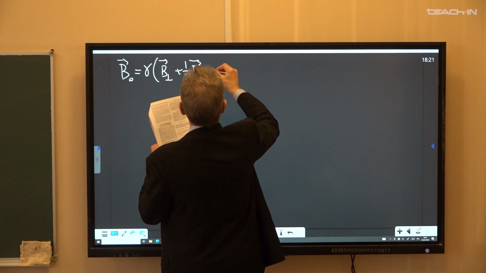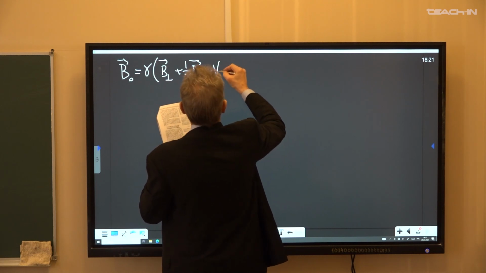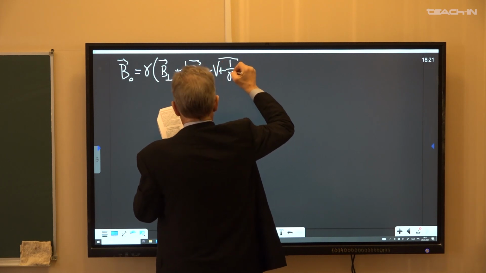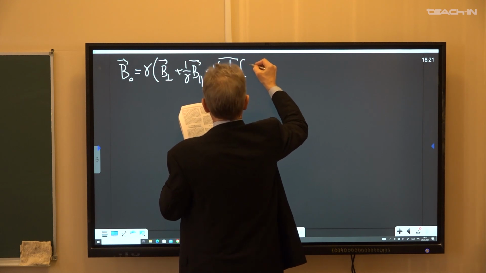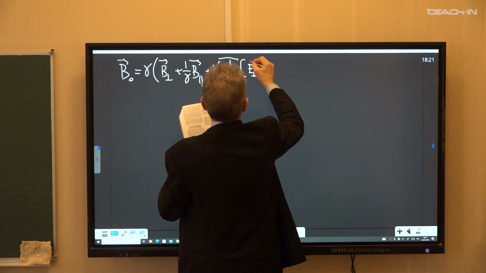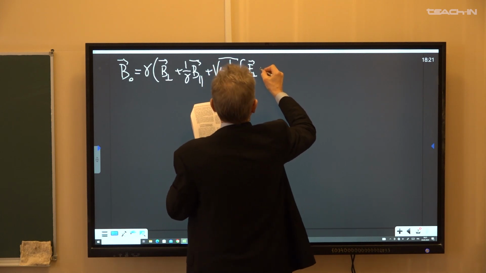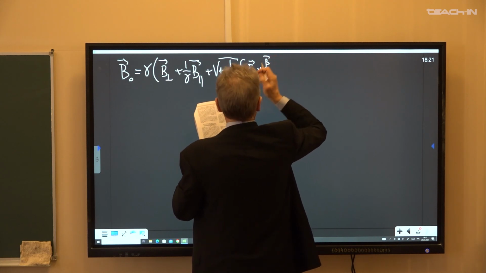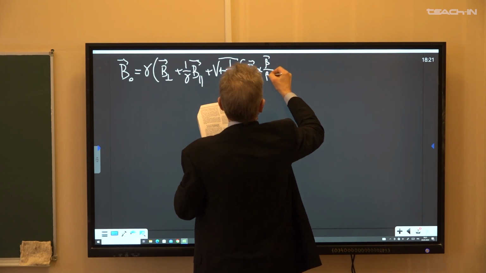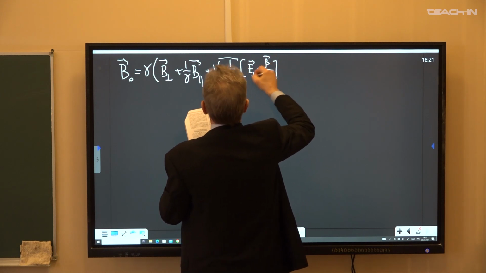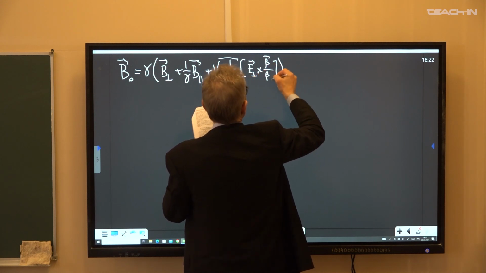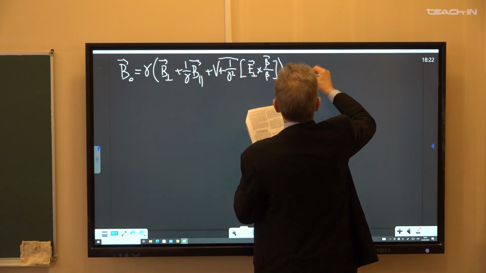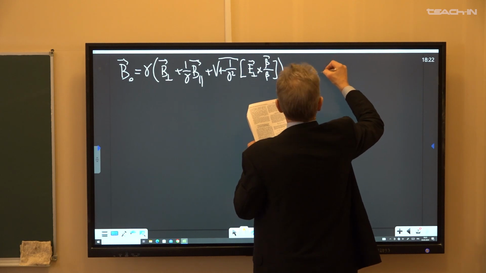So the more complicated part of the formula, 1 minus 1 over gamma squared, multiplied by the vector product of the transversal magnetic field and beta. Beta is the speed of neutrino divided by its modulus. It's a unit vector in respect to neutrino propagation. Yeah. So beta is velocity or speed, and gamma is related, if you remember, to this beta.